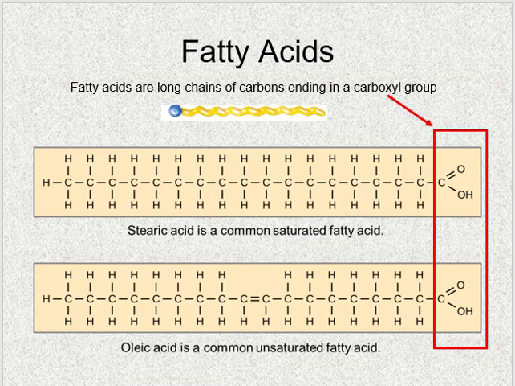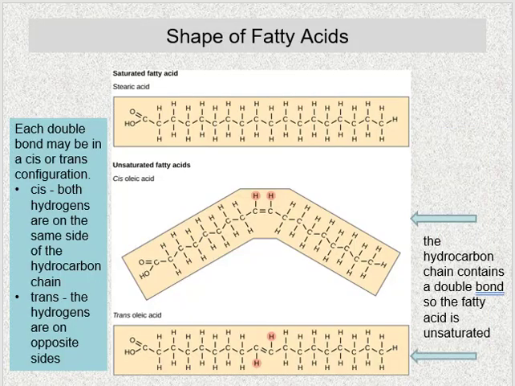Fatty acids may be saturated or unsaturated, however they all end with a carboxyl group. Whether or not the fatty acid is saturated or unsaturated depends on whether the hydrocarbon chain contains a double bond or not. An unsaturated fatty acid will have a double bond located within the hydrocarbon chain.